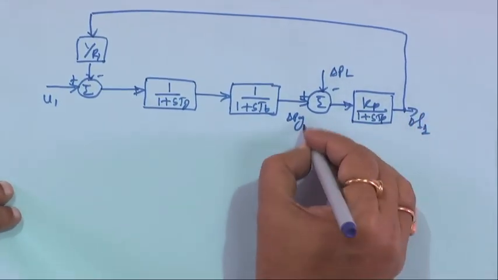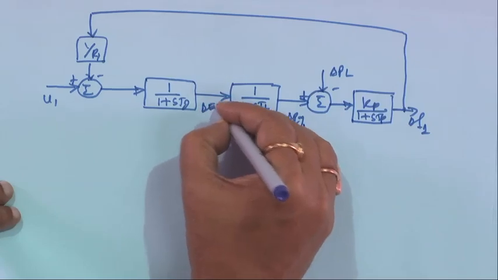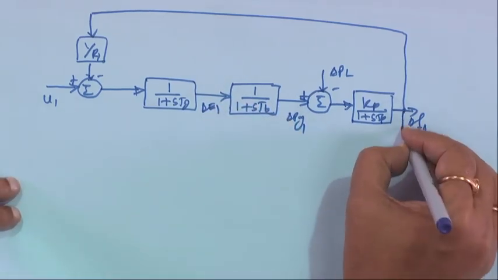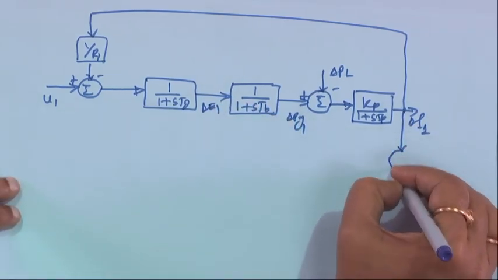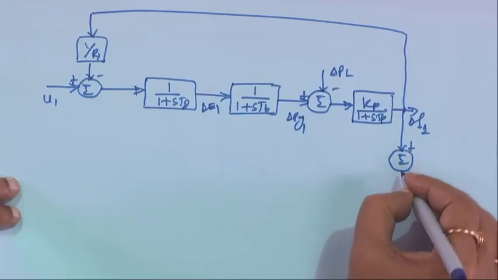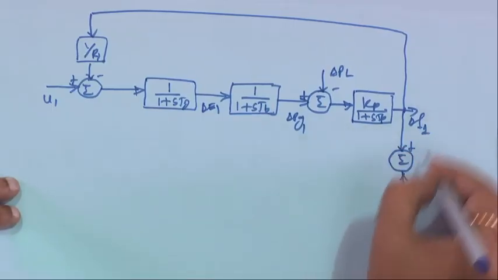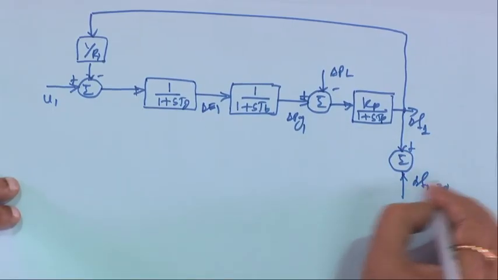Say for example, I can put delta PG1. Say this is delta E1, right? And this side is the tie line. This is plus, and this side is delta F2 equal to 0, minus.